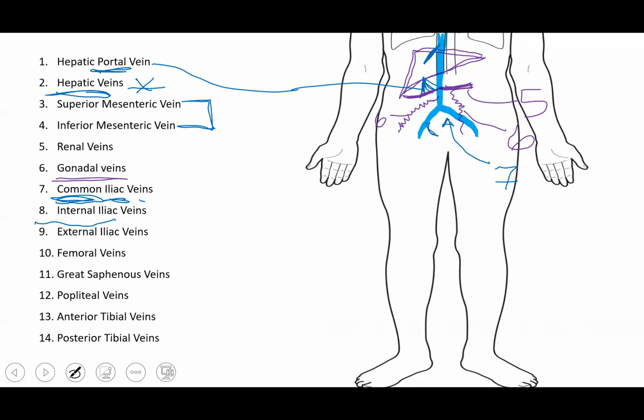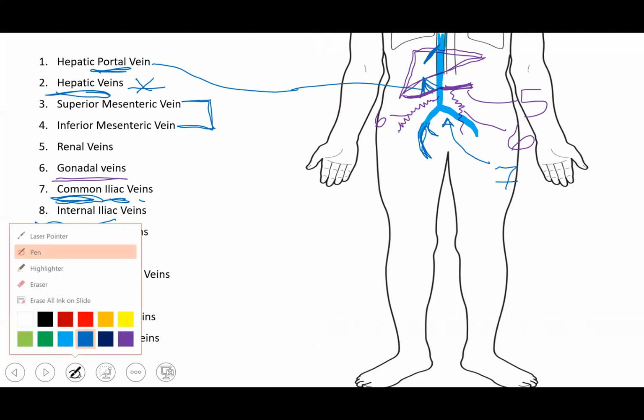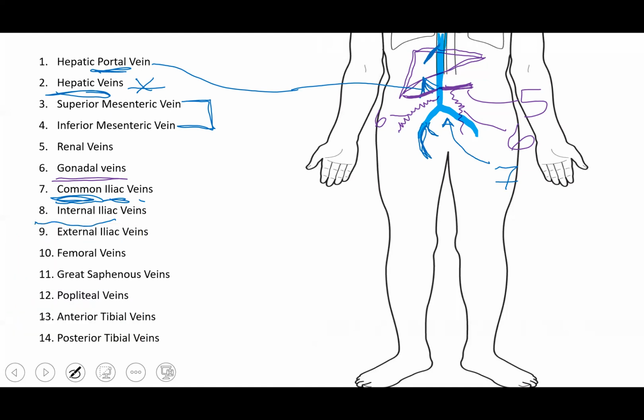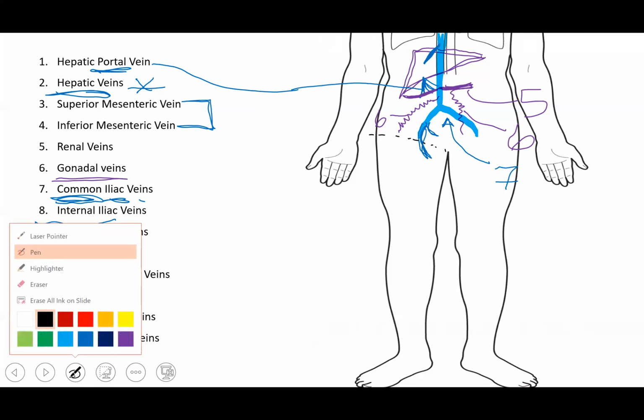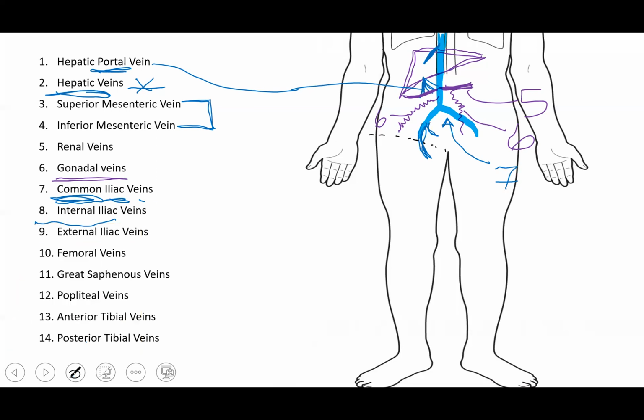And the remaining blood vessel is ultimately going to be draining blood from the legs. Okay, as soon as that vessel crosses over the pelvis, it is going to change names, of course, and in fact, it's going to split right away.